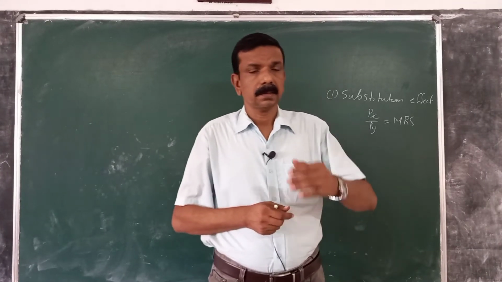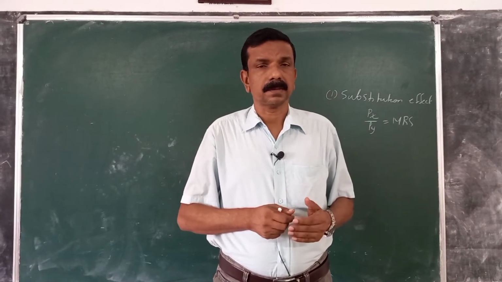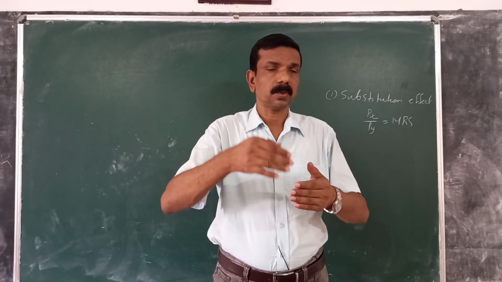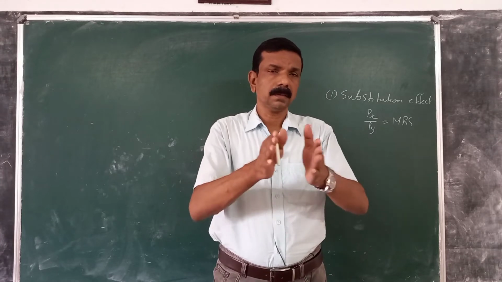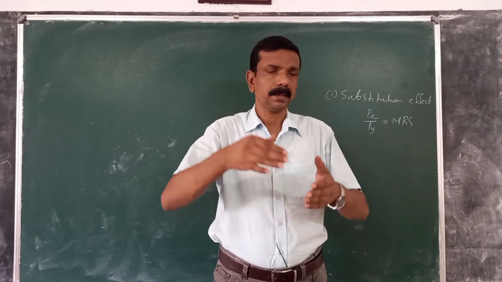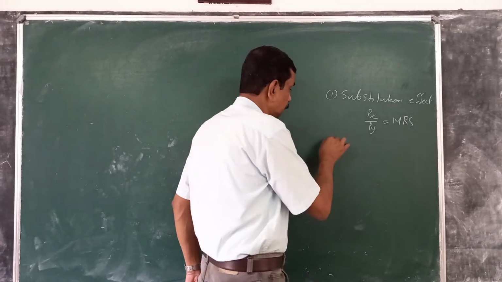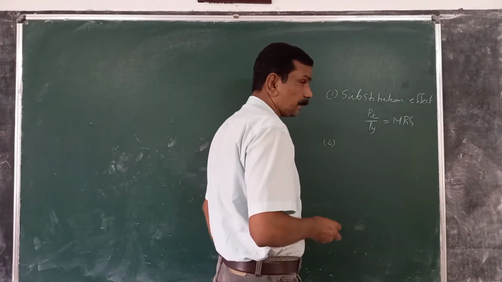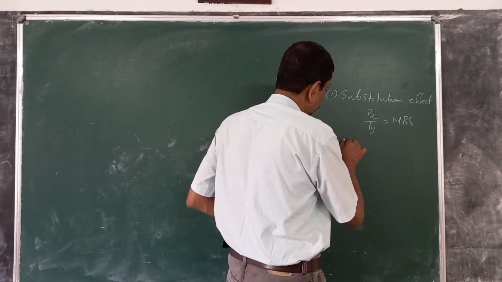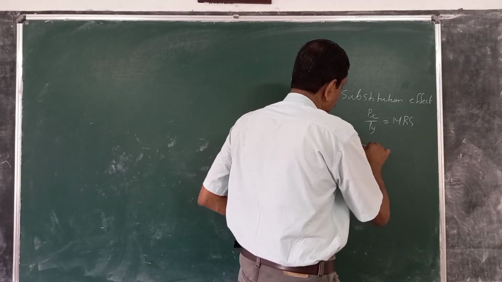As a result, the person will purchase more units of both the commodities or one commodity, as we will see. And this effect, the quantity demanded resulting from a change in the real income, is known as income effect.